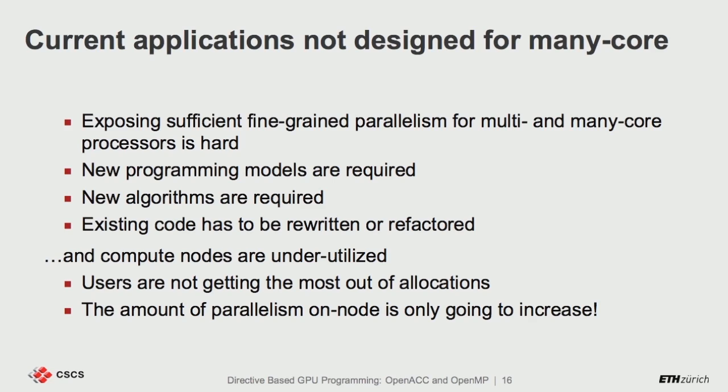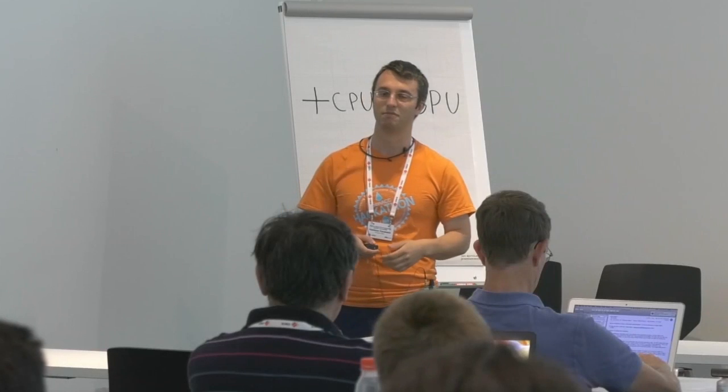And as a result, the compute nodes at the supercomputing centers are usually underutilized. Has anybody of you ever checked how close to the peak performance of the node your application runs?